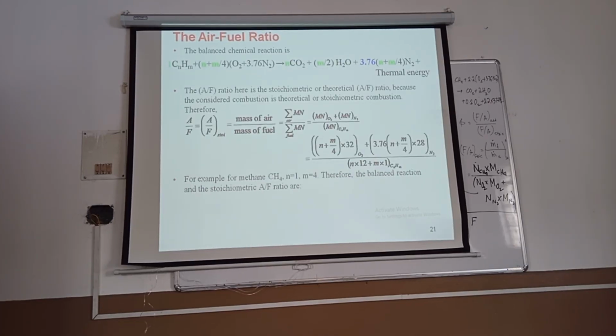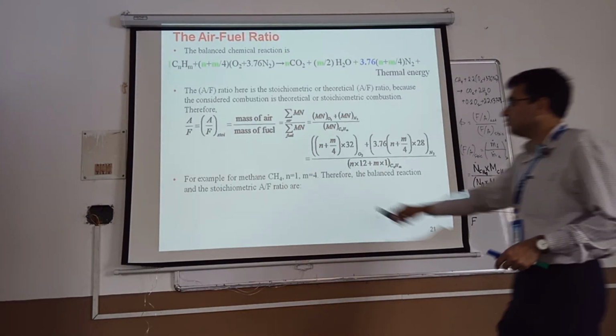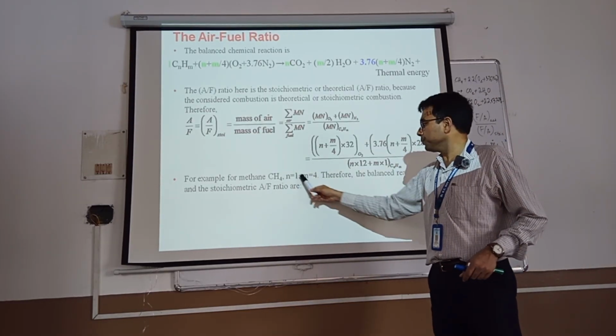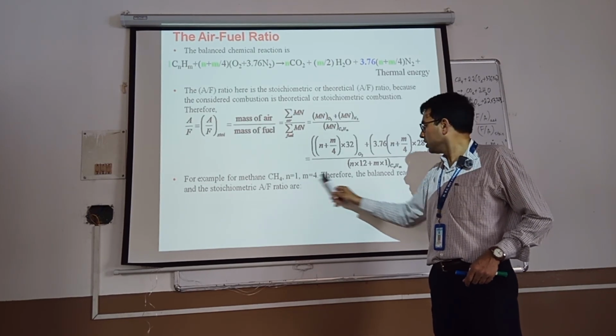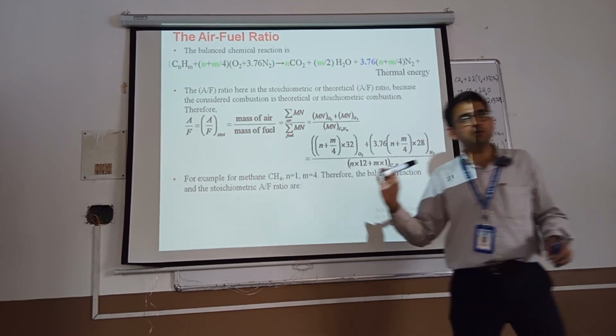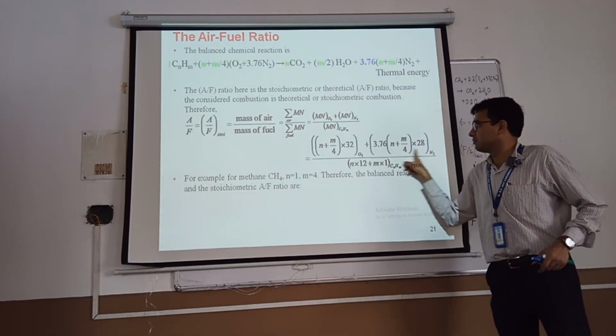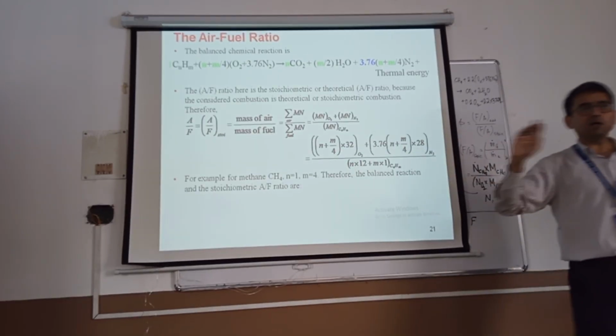Clear? For example, if I take now methane, so what will be the value of n? 1. What will be the value of m? 4. So we can calculate the air fuel ratio just by replacing here n and m. Okay, is it clear?